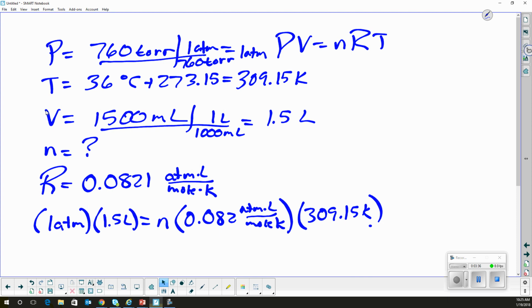Okay, so then you multiply both sides, and here you'd end up with 1.5 atmospheres times liters equals N. And over here, K would cancel. So multiply that through real quick and get a number. We've got the units atm times liters divided by mole.